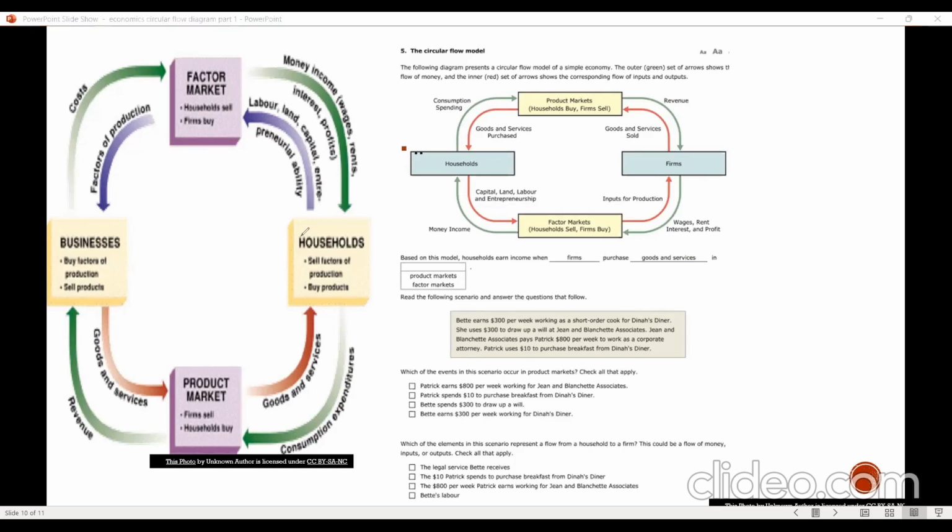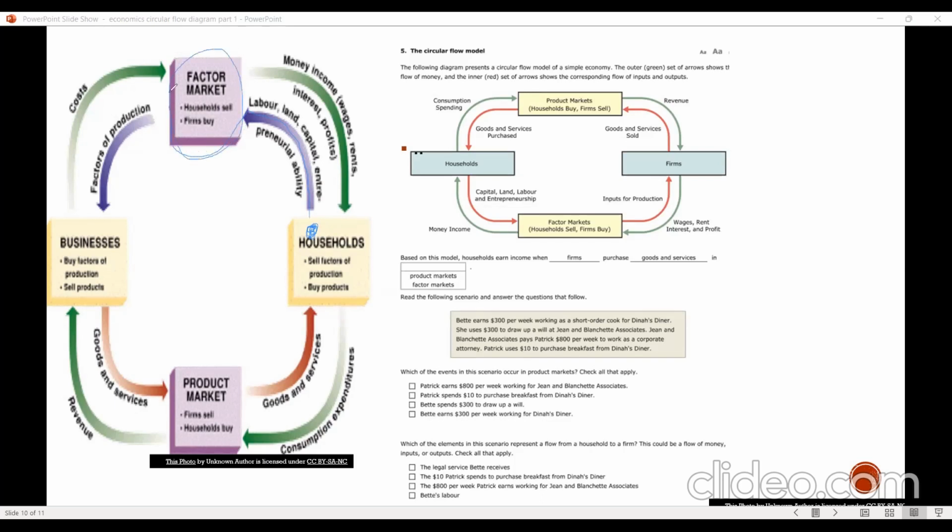Now, when households, the households sell right here. Just look at this flow. Households are now selling their factors of production, labor, land, capital, and entrepreneurship. They are selling them to the factor market, right?